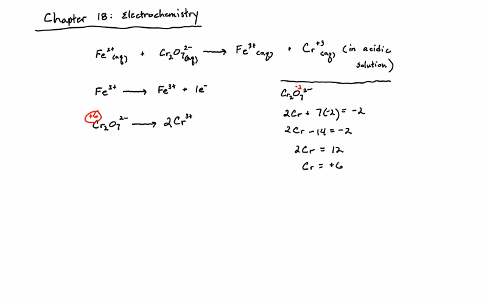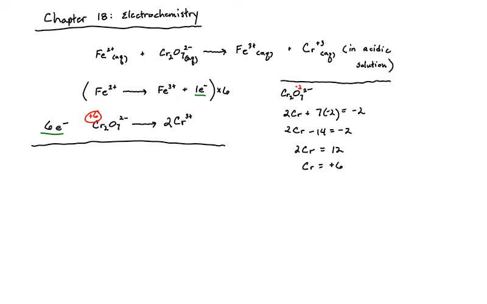And if each one gains 3 electrons and there's 2 of them, that's a total of 6 electrons. Okay, so chromium is gaining 6 electrons. Now what we're going to do is we're going to add these 2 equations together. Oh, we can't, can we? First we need to multiply the iron reaction by 6. Okay, that's how we'll get the number of electrons to equal one another.